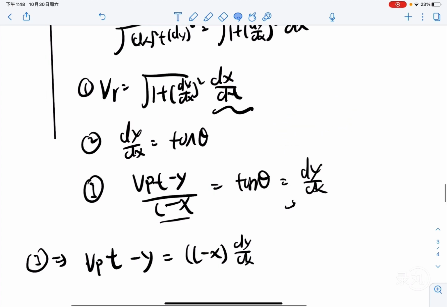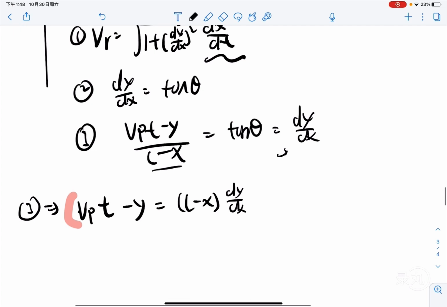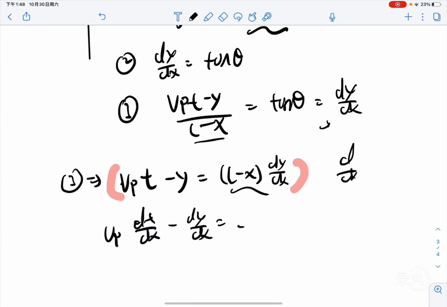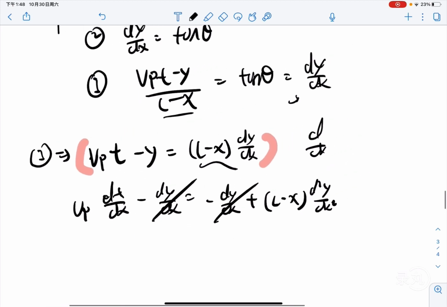So if we take d/dx of both sides, we get vp dt/dx minus dy/dx, and using the product rule, minus dy/dx plus (L minus x) d²y/dx², and these terms cancel each other out.